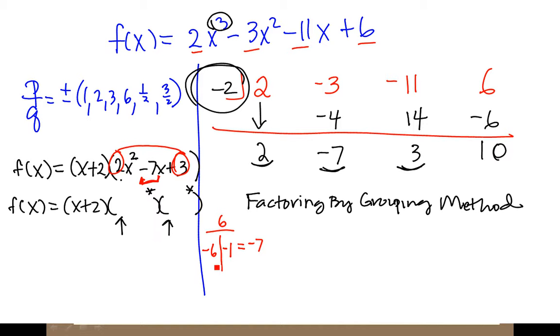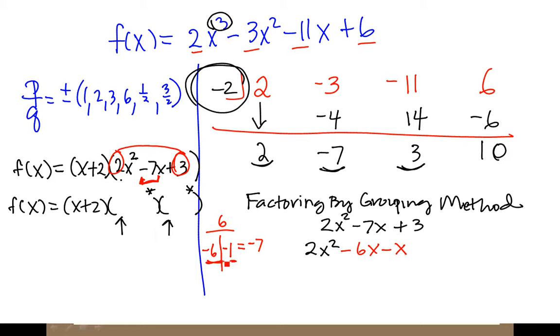Since we found our numbers, I'm going to rewrite the quadratic that we're trying to factor. We're going to put 2x squared and break -7x up into -6x minus x, because those are the numbers we just found.